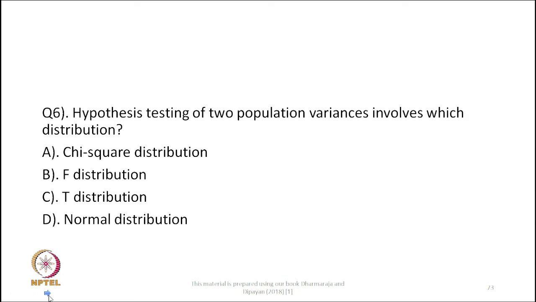Question number 6. Hypothesis testing of two population variances involves which distribution? There are 4 options: chi-square, f, t, normal.